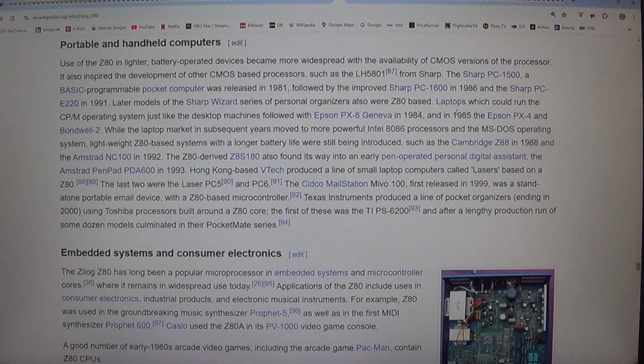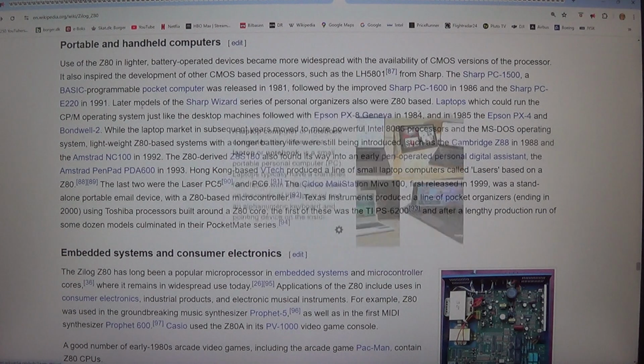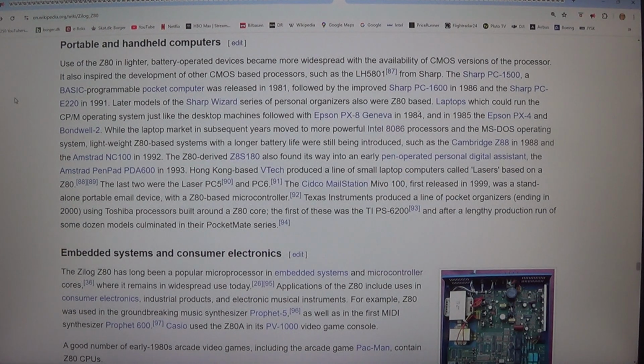Laptops which could run the CP/M operating system just like the desktop machines followed with Epson PX8 Geneva in 1984, and in 1985 the Epson PX4 and Bondwell 2.